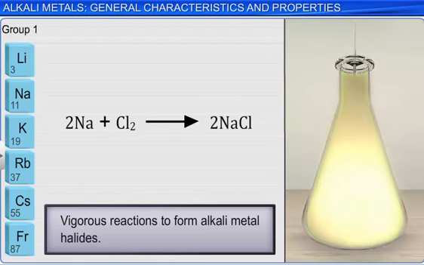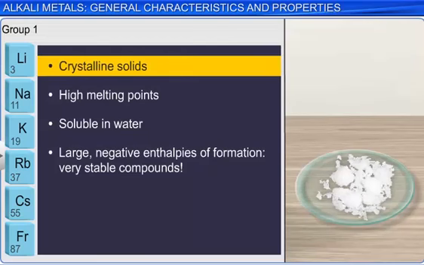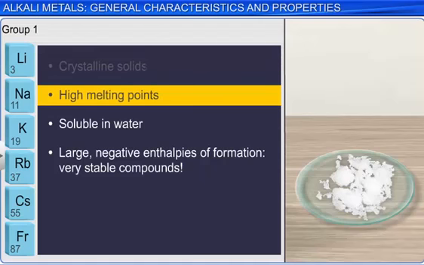The alkali metal halides are crystalline solids, as shown in the photograph. They have characteristically high melting points and are soluble in water. These are very stable compounds, as evidenced by their large negative enthalpies of formation.